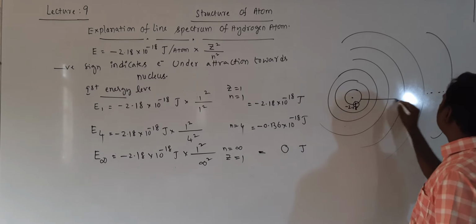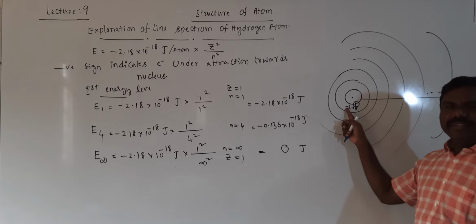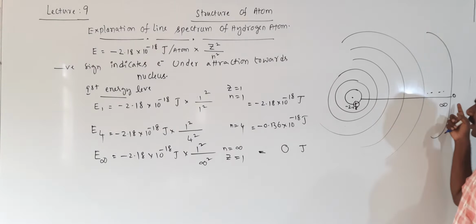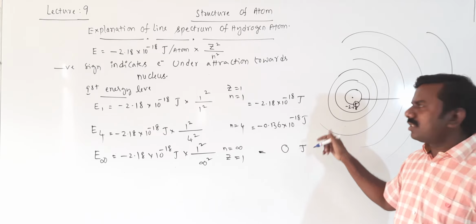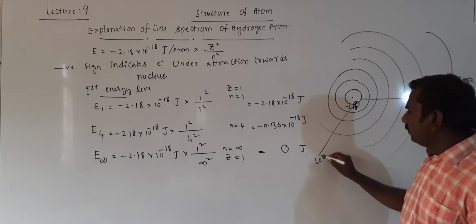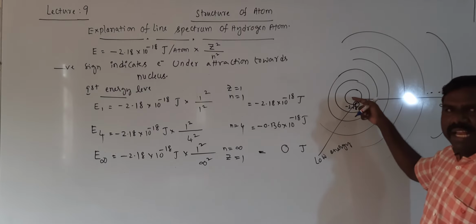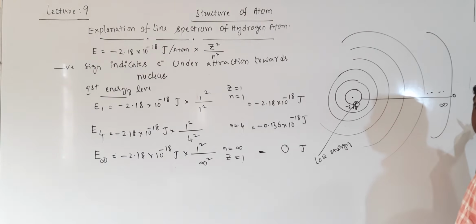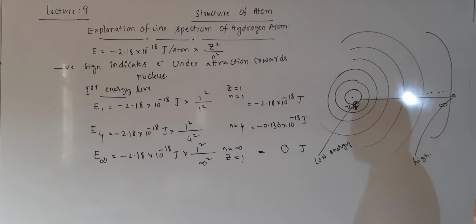It means from first orbit to infinite orbit, very high negative gradually becomes low negative and reaches 0. Very high negative means low value, low energy. So high negative, low negative, and it becomes 0. This value becomes high value. Right?